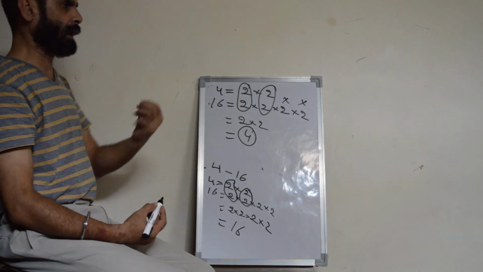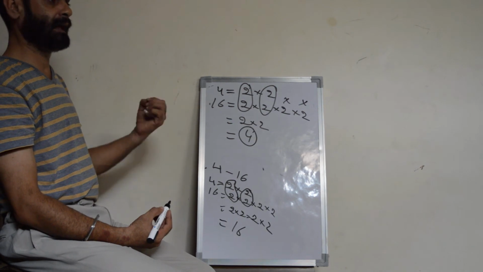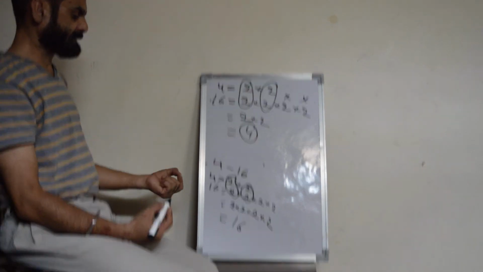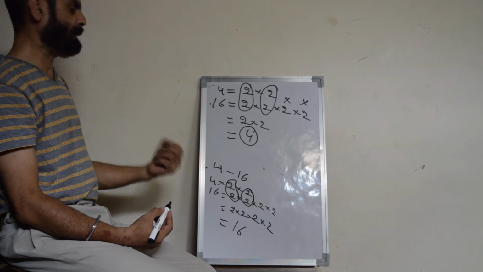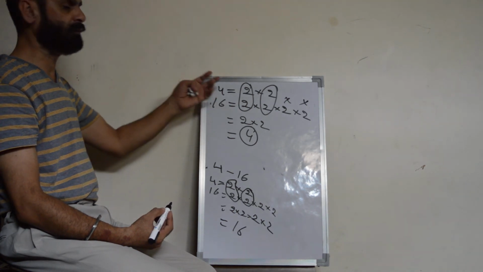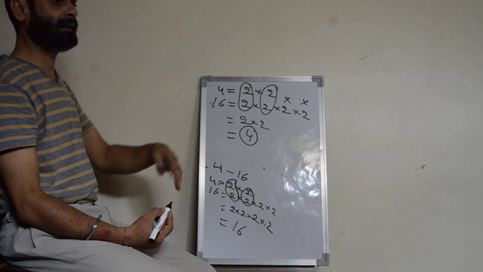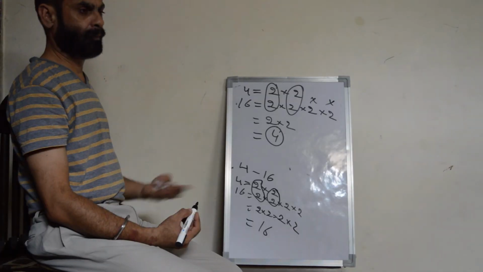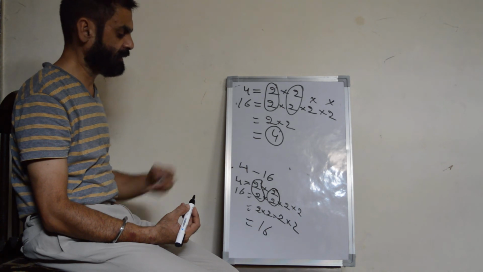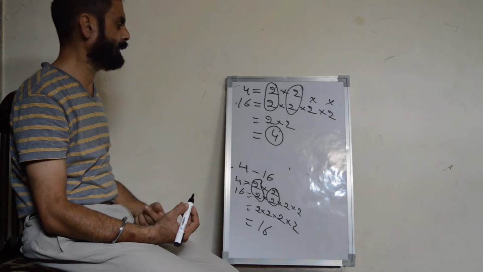If the HCF is coming smaller than the given number, that means your HCF is right. And similarly, if the LCM is coming equal to or greater than the given two numbers, that means your LCM is right. The other way is to divide it and see whether the remainder is 0 or not. If it is so, then the product answer is right.